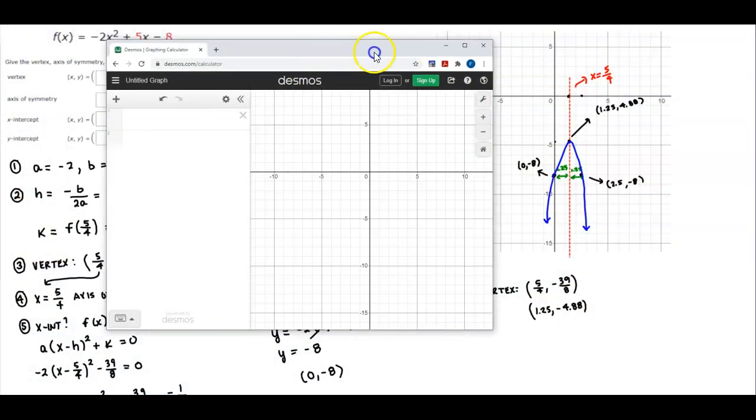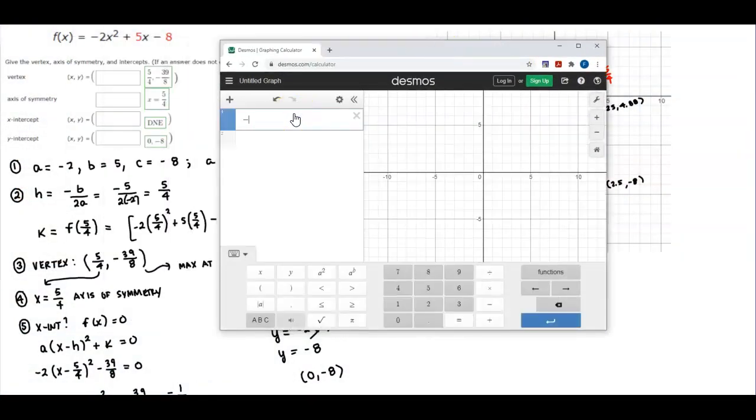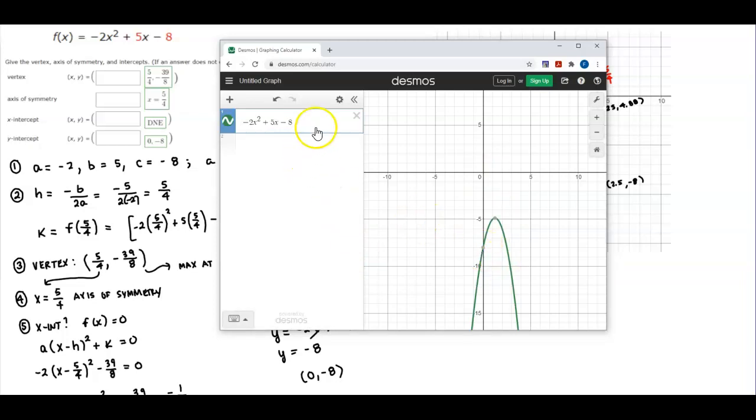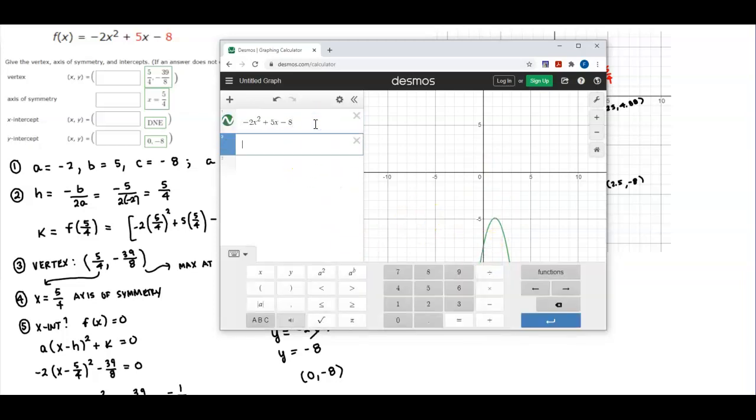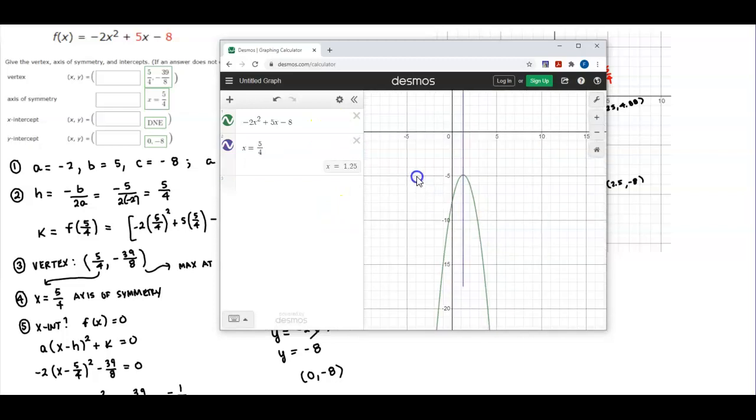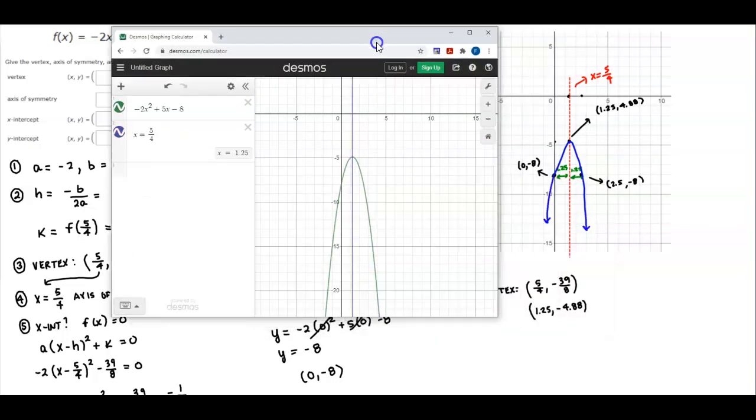So let's confirm this on Desmos. So we have negative 2x squared plus 5x minus 8. Okay, and then we also know that we have the axis of symmetry, which is x is equal to 5 divided by 4. So there is our axis of symmetry. So let's take a look at those values here.